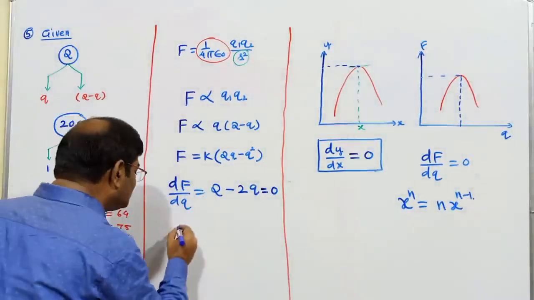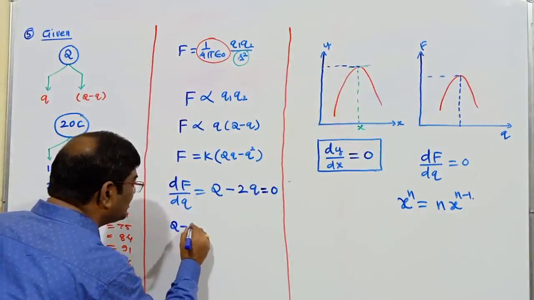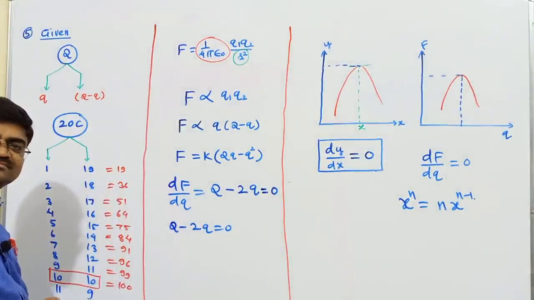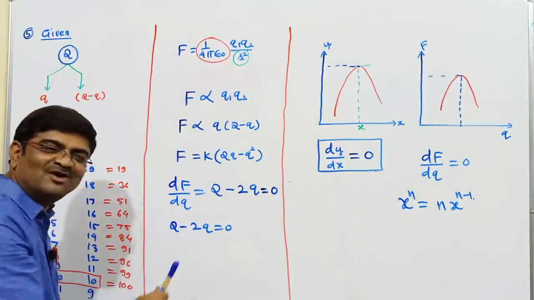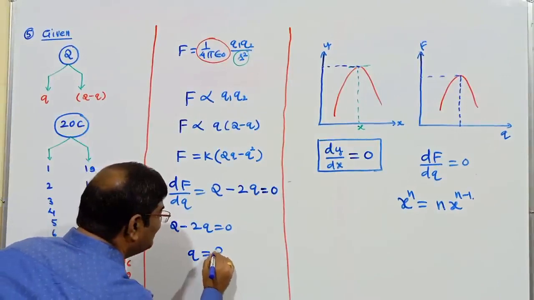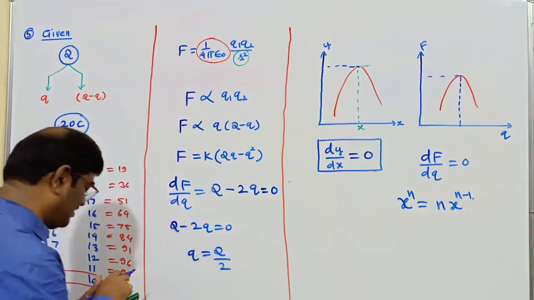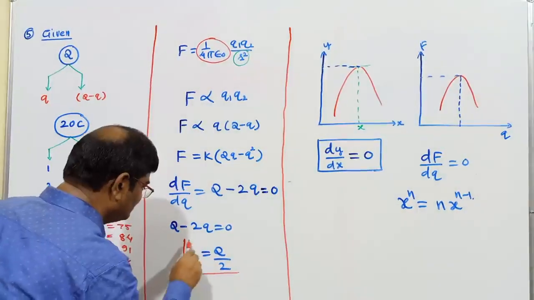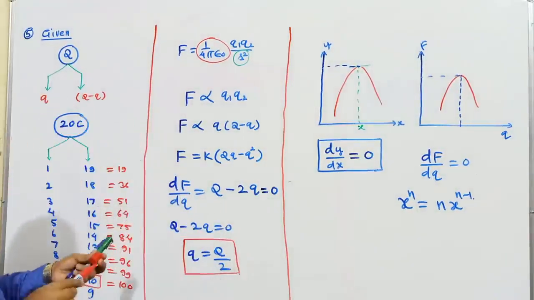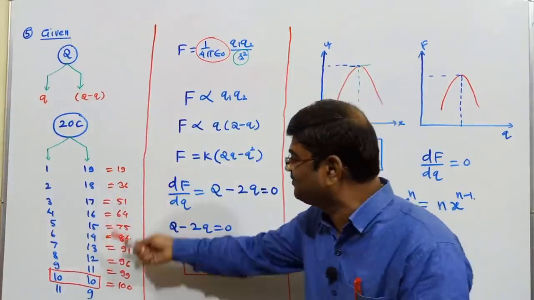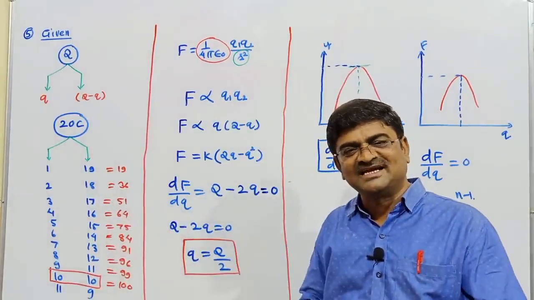So then I can just go ahead: Q minus 2q equal to 0. I need to know the small q. Then small q I get as capital Q divided by 2. Very important thing. So we have already arrived at this conclusion by this method.